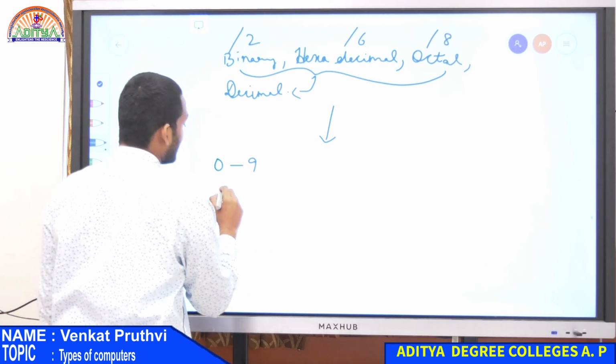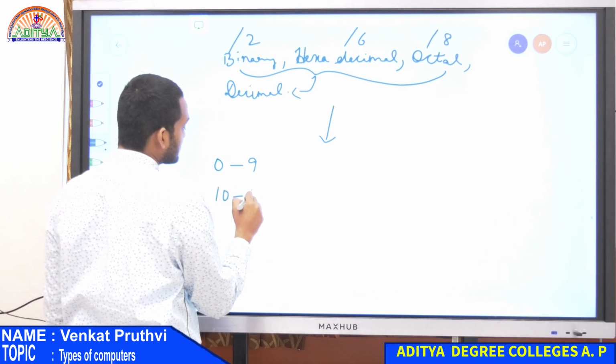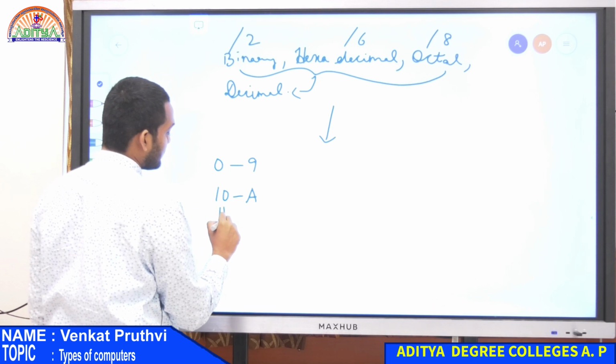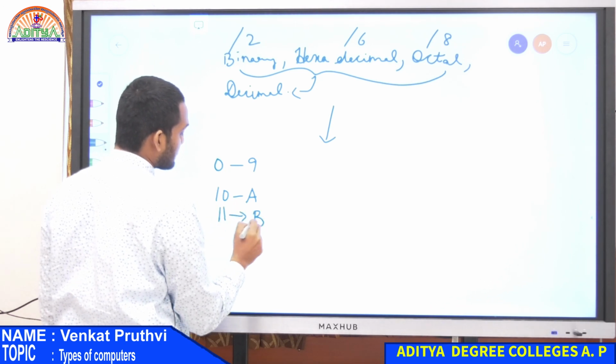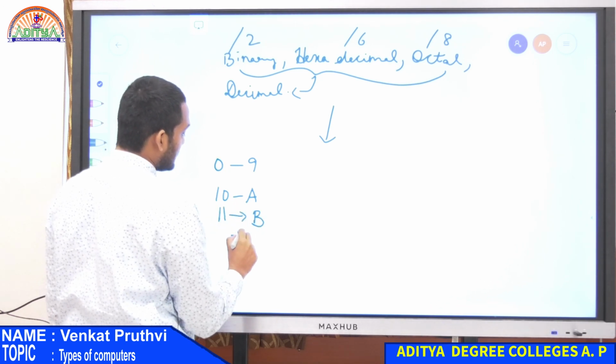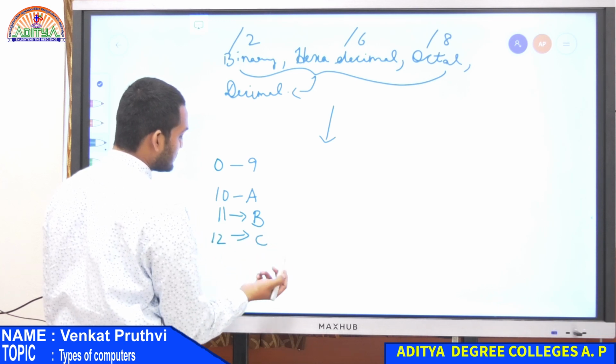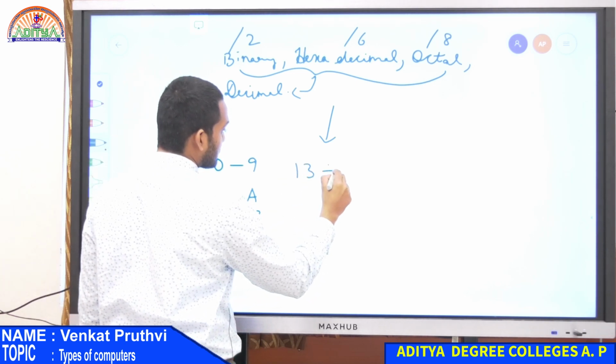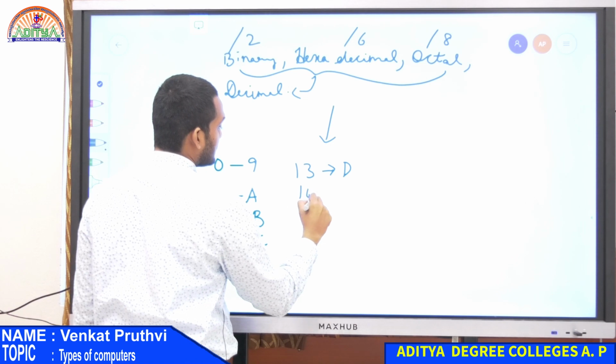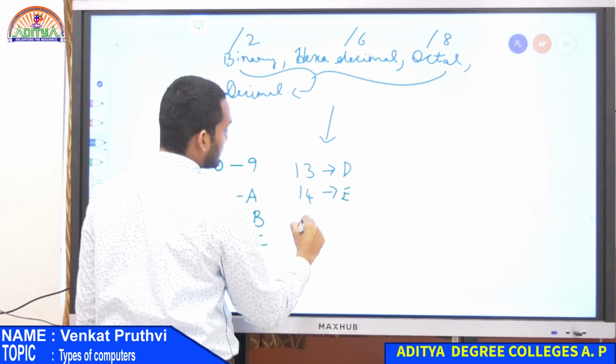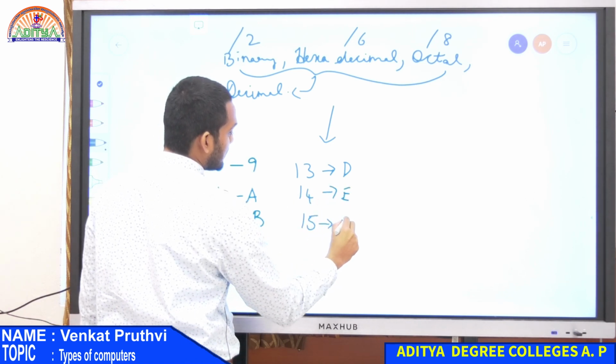So whenever you get a remainder of 10, it will be considered as A. When you get a remainder of 11, it will be B. When you get 12, it will be C. 13 will be D, 14 will be E, and 15 will be F.